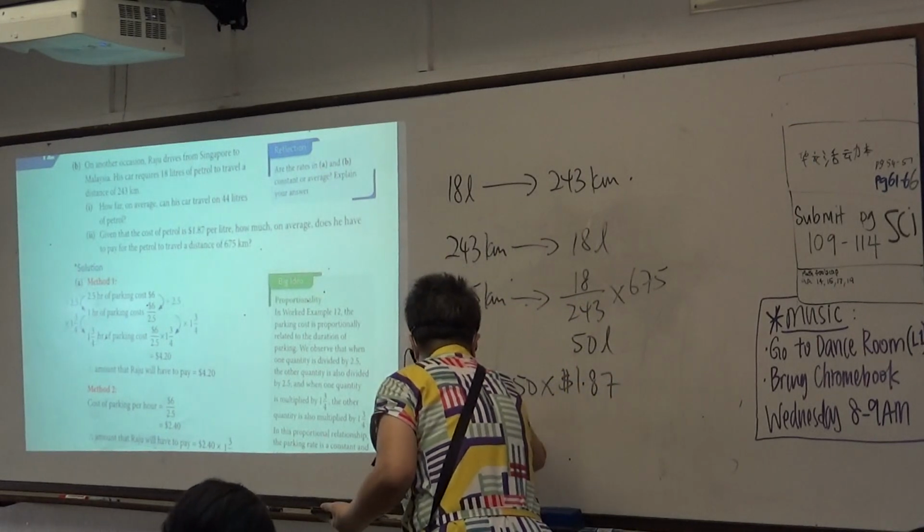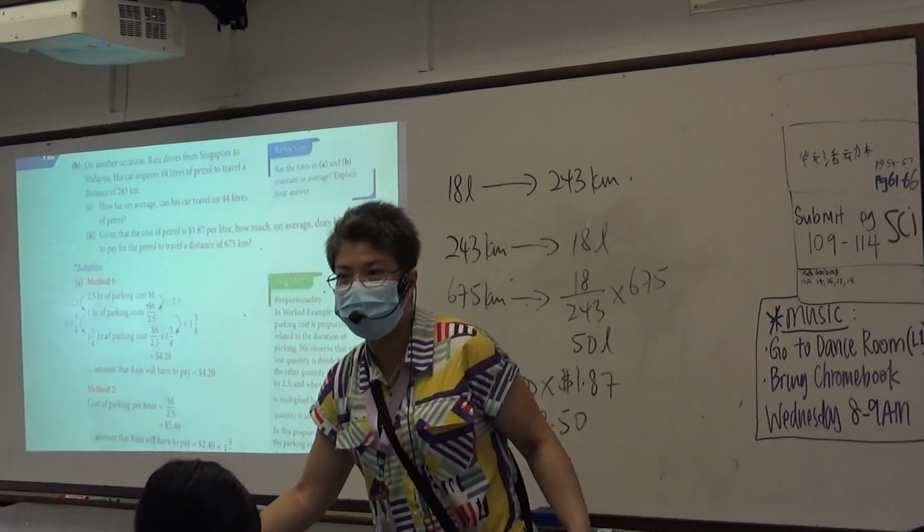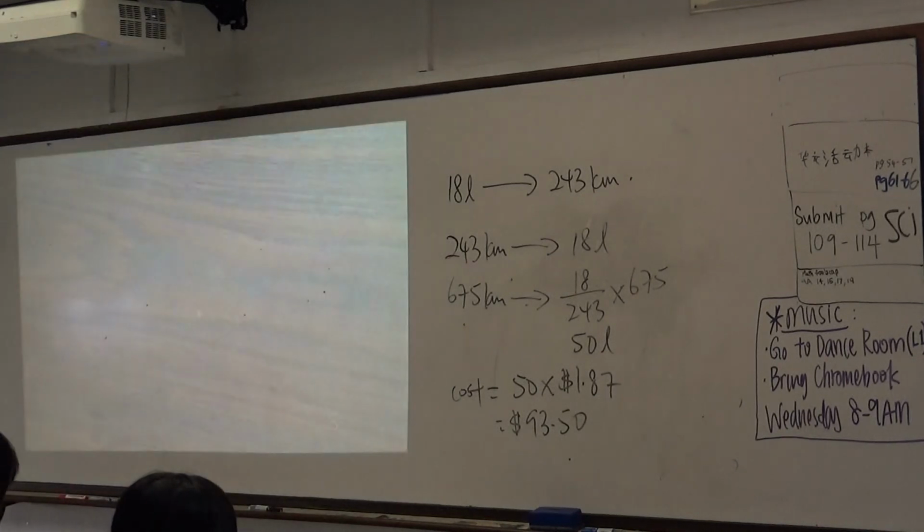You will get 93.50, because I told you money must be given to two decimal places. Are we clear now? This is the way you present. You don't anyhow write your numbers. Is that clear? So that will be your example 12.